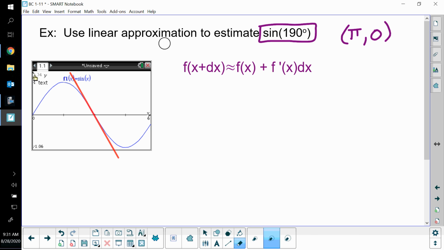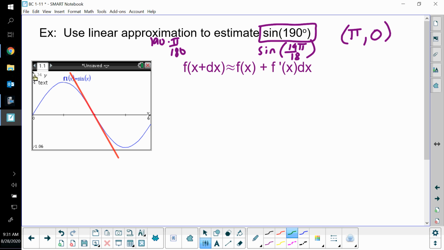So to convert to radians, just multiply by pi over 180. So this is really sine of 19 pi over 18 that we want to find. So our f of x is the y value of our point of tangency, which is the 0 that we had up here, plus the f of x we're working with is sine x.